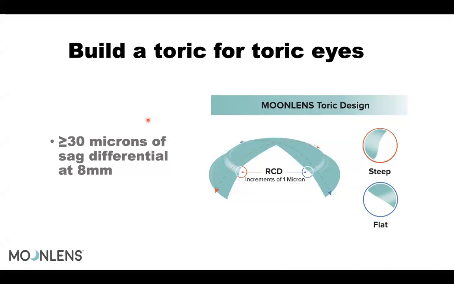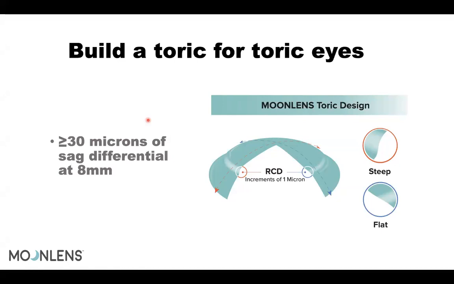The thing is that it's going to be off label, but we do have the ability to correct up to a -8 in myopia. The FDA approved cylinder is 1.5 diopters with the rule and 0.75 against the rule. But with Moonlens, we can do a lens with up to a -2.5 cylinder.